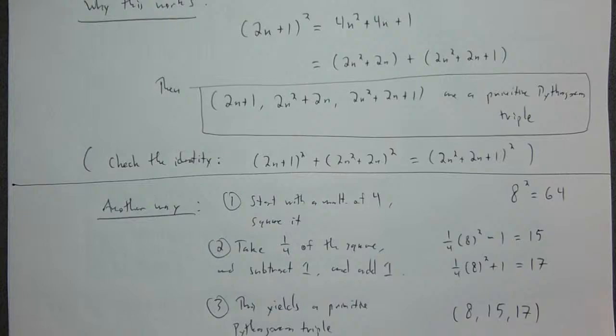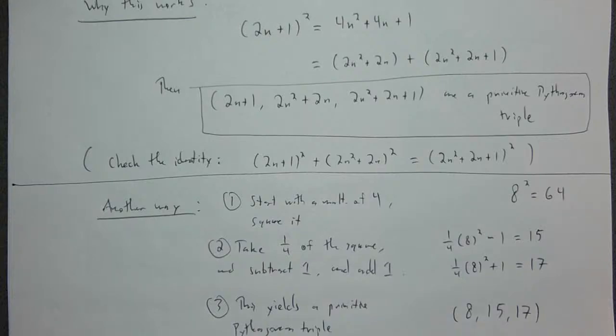In fact, you could do this process starting with any even integer, not just a multiple of 4. But you don't always get a primitive one in that case. Sometimes you get an even thing, so you'd have to divide by 2 at least once to get a primitive thing. So starting with a multiple of 4 just makes this process always spit out a primitive, and I don't need an extra step where I divide by its GCD.